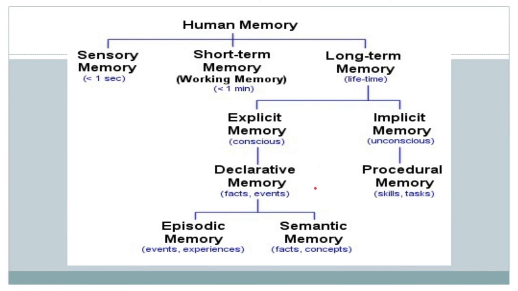This would be declarative memory of facts and events, which can occur in two different ways: as an episodic memory, so like a video playing kind of in your head, and then semantic memory, which is going to be facts or concepts, which are kind of what you're learning here. Like knowing the different types of memory would be part of your semantic memory. And then remembering watching this video would be more episodic memory.